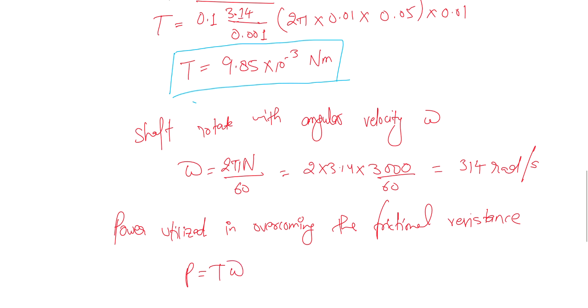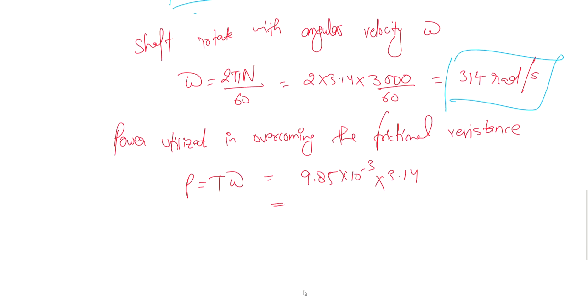I can get the value of T from here and omega from here. So I can write 9.85 into 10 to the power minus 3 into 314. After all the calculation I get 3.09 Newton meter per second, and I can write it in watt. It is 3.09 watt. It is the power which is required to overcome the frictional resistance.